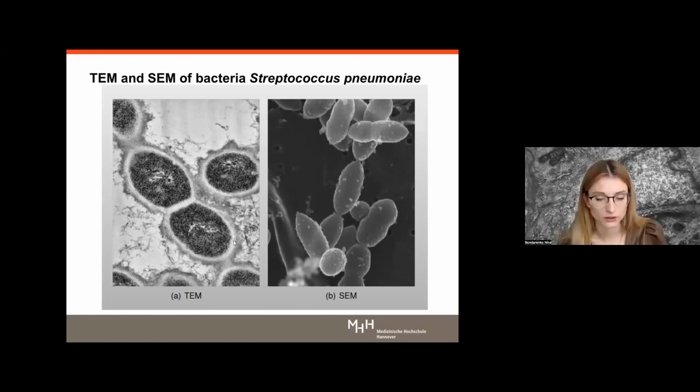Scanning electron microscopy gives you information from reflection from the surface of the object. Transmission electron means that a beam of electrons passes through the specimen, while scanning electron microscopy shows information when electrons reflect from the surface of the object.